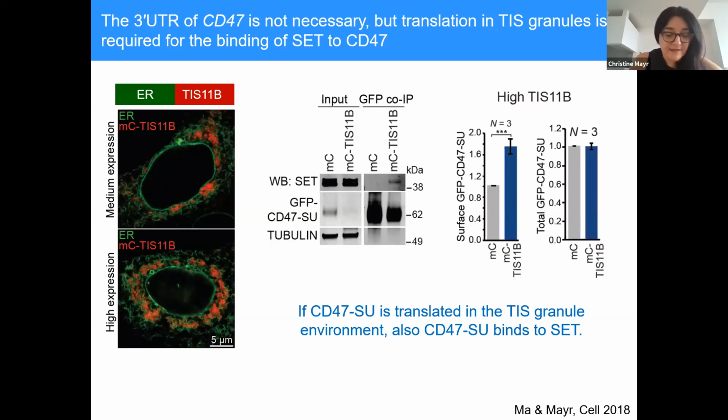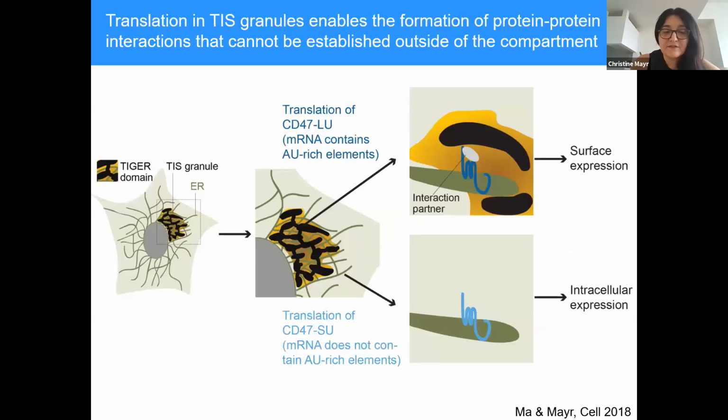So in summary of this part, we found that TIS granules form a reticular network that is intertwined with the ER. We call the ER that is covered by TIS granules the TIGER domain. An mRNA that contains many AU-rich elements will localize to this domain and is translated on the ER, and can now form a protein-protein interaction.